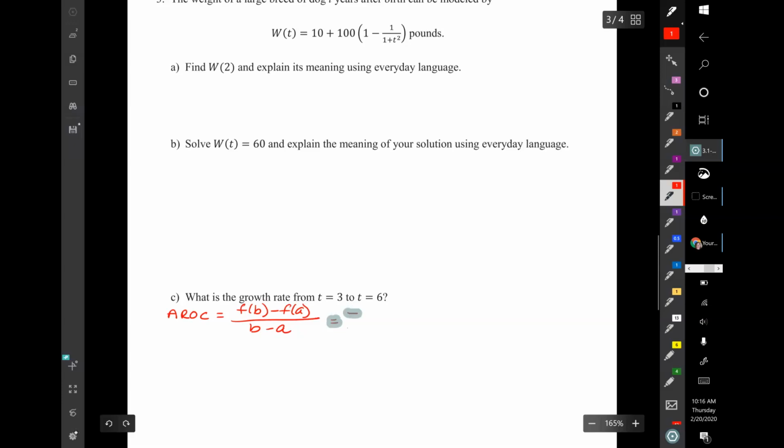So ours is going to be w of 6 minus w of 3 all divided by 6 minus 3. In order to figure that out, you have to plug the 6 into the function, crunch the numbers, plug the 3 in, crunch the numbers, and subtract them. It's easier to do them separately in this case because it's kind of a big long function.